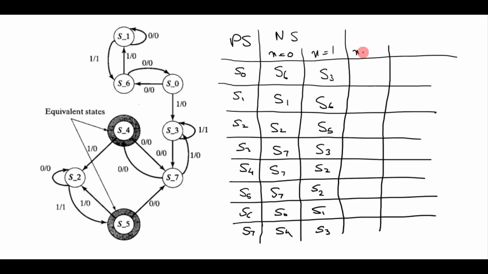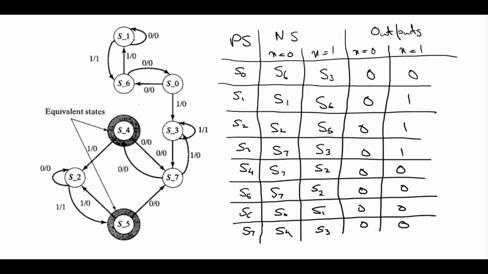And these are your outputs when x or input is equal to 0 and when input is equal to 1. So from here, when you apply 0, you get 0, and when you apply 1, your output is again 0. So you can fill the remaining entries. Here you have 1, 1, 1, and all other entries have zeros. So this is the state transition table for this state transition graph.